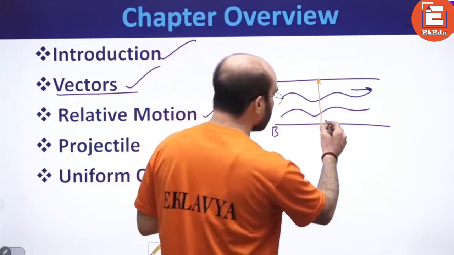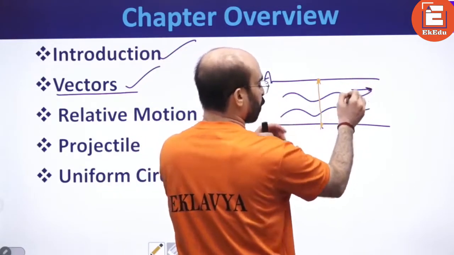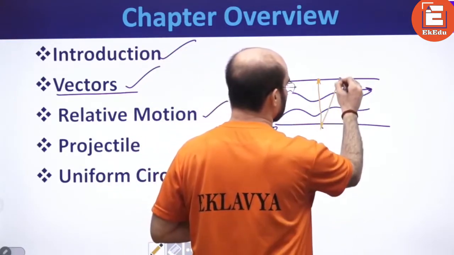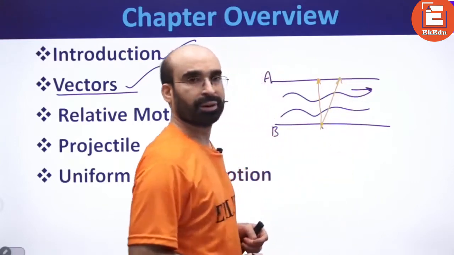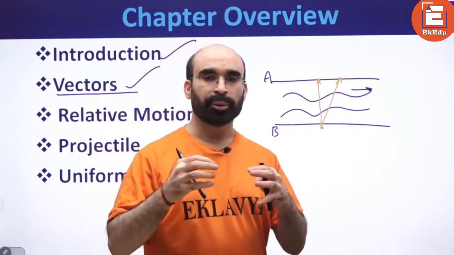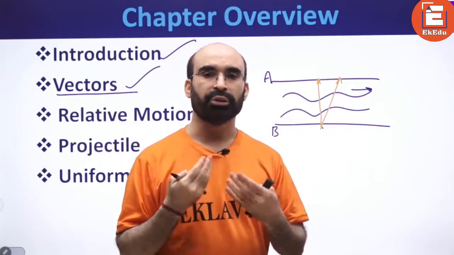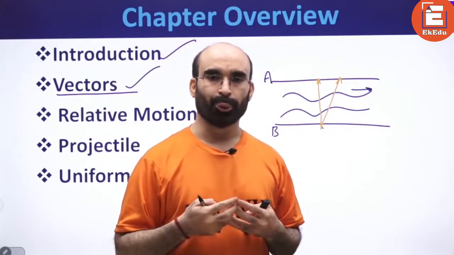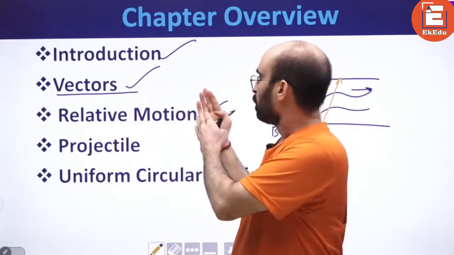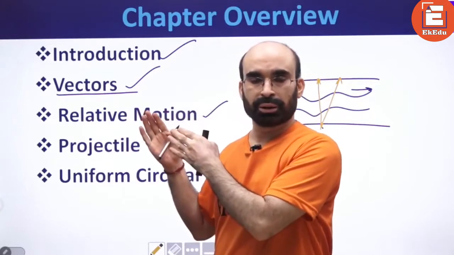Due to this flow of river, you will reach here. So this is the concept of relative velocity, where this vector manipulation comes in.